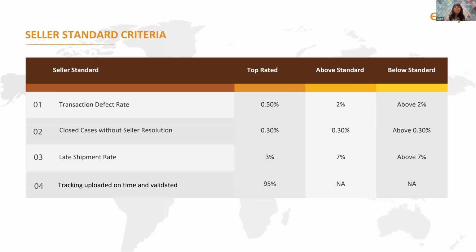If your late shipment rate is 3% or even less, when you are evaluated, and all these three parameters are met as you see on the screen, yes, there are chances that you might become an eBay top rated seller. But you need to ensure that you meet the fourth criteria as well, which is tracking uploaded on time and validated has to be 95% and more.